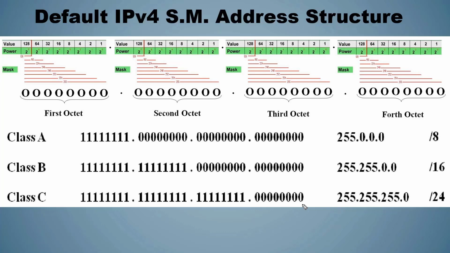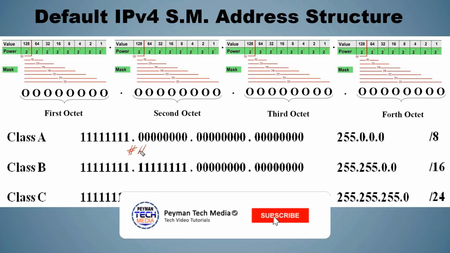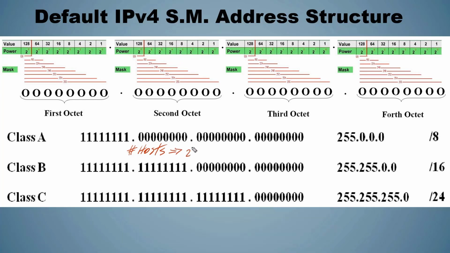Now, how can we count the number of available IP addresses? There is a formula that I'm going to write here. For the number of hosts, 2 to the power of host bits minus 2 gives us the total available IP addresses that we can use for that network. And as we talked about in previous videos, why do we do the minus 2?